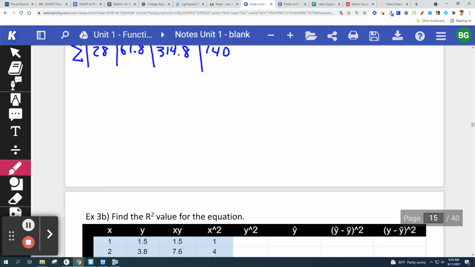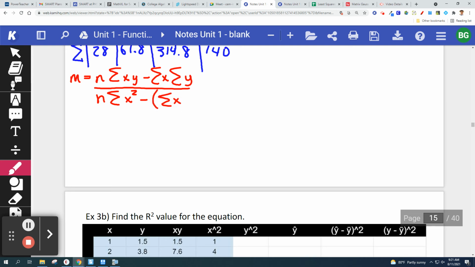So the formula for m was n sigma xy minus sigma x sigma y over n times sigma x squared minus parentheses sigma x squared. Okay, this is literally just plug and chug, all right?